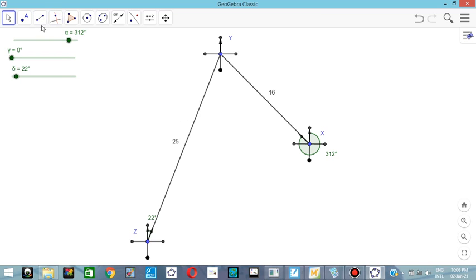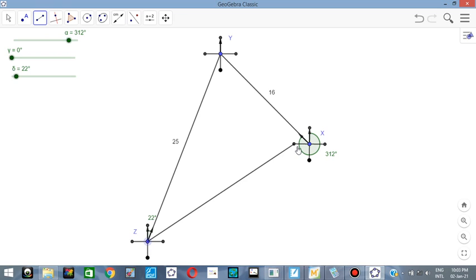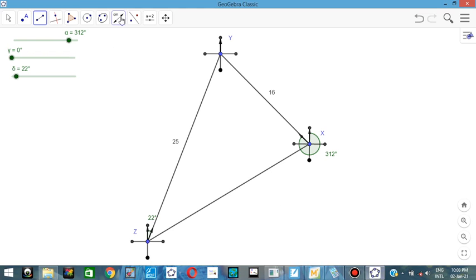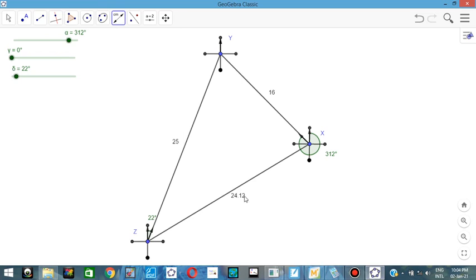So that means if I connect my Z to X, remember the answer we got, Z to X, which is XZ, we got 49.3. So if I find this length, it's going to give me that. So if I times this by 2, 24.12, I'm going to get 49.3, at least approximately the answer.